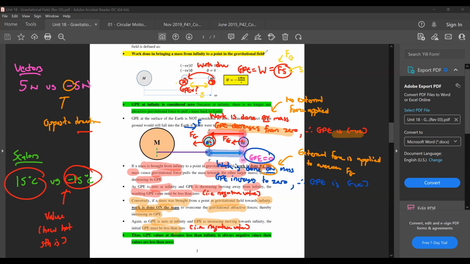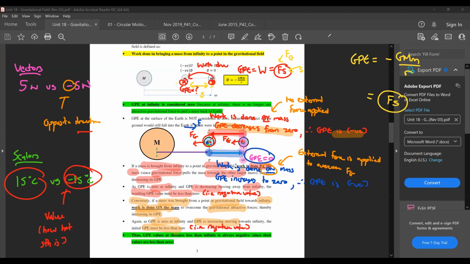Because some people will say, why is it that for my GPE value, I need to specifically use GMm over R? Why can't I just use Fs, where F is the gravitational force, S is your distance moved from infinity to whatever point that is? Now, the thing here is this.